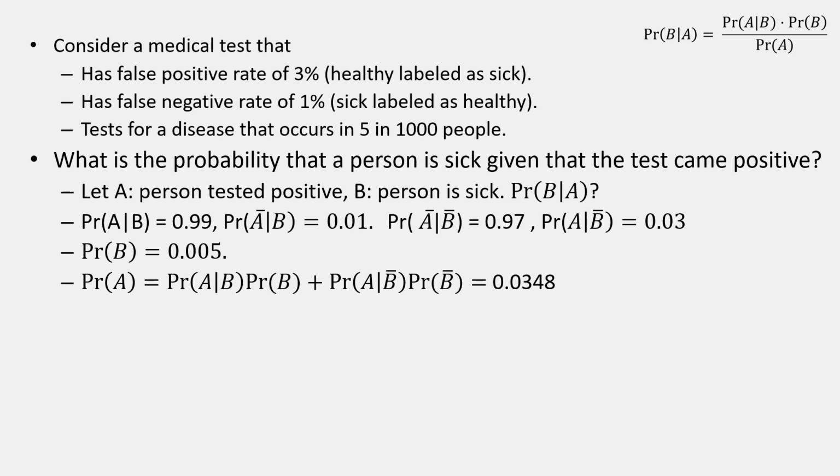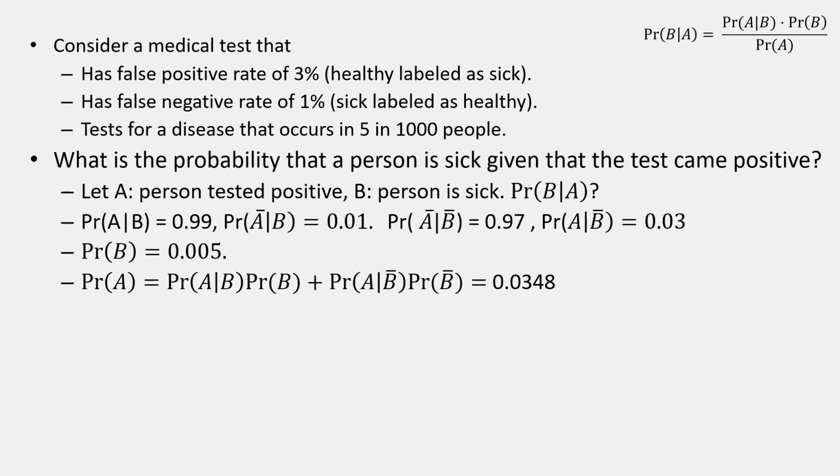So now let's calculate the probability that the test came positive on a random person. And here's one place where we are going to use the probability of B, because a random person is going to have the disease in only a 0.5% fraction of cases.